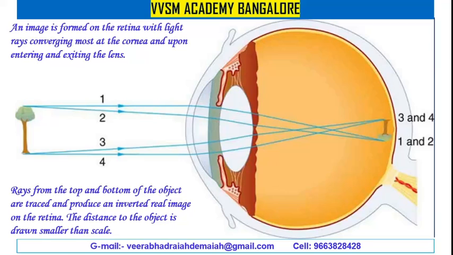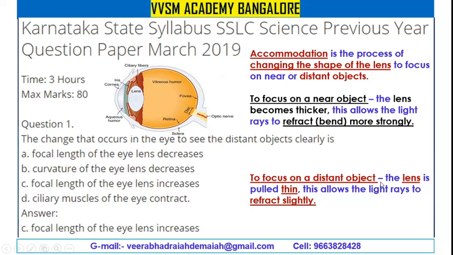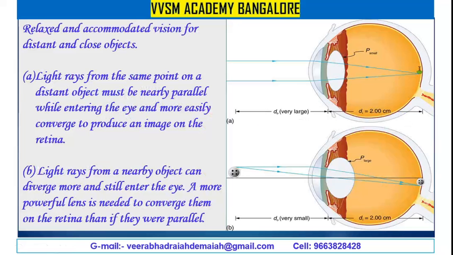By observing this figure, the rays from the top, 1 and 2, and 3 and 4 at the bottom, form the image on the retina. That is, it will be inverted on the retina, and it sends the message through the optic nerve. So this is a very important thing to discuss, relaxed and accommodated vision for distant and close objects.